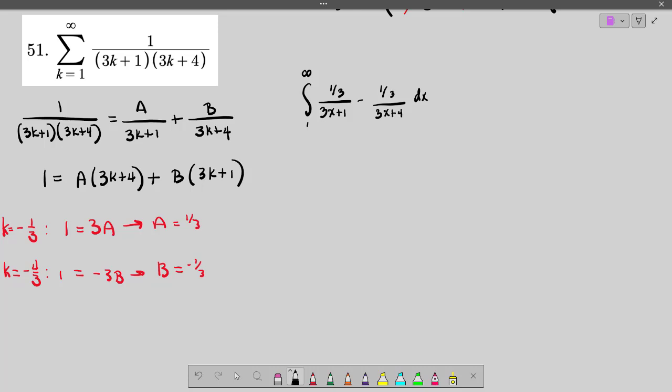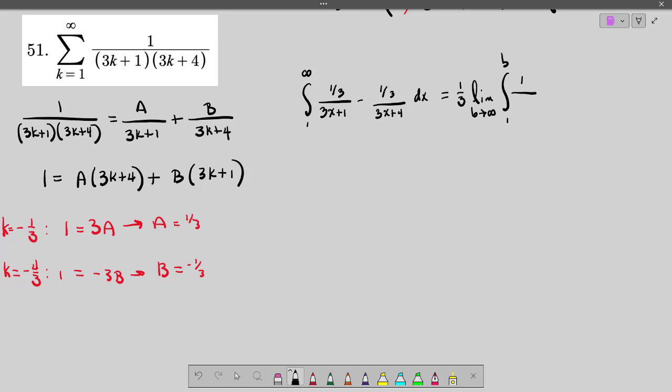So we have that. So let's go ahead and factor the 1/3 out to the front and convert it to a limit as b goes to infinity. So we have this.